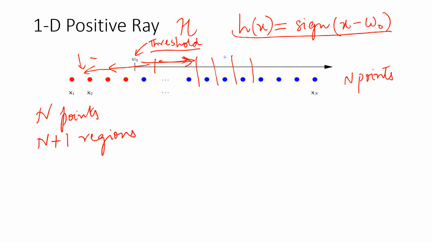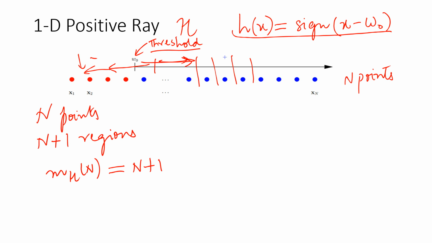So there are n+1 regions where I can place my w0. Therefore, the number of dichotomies that can be implemented, which is all I care about, m sub H of n, equals n+1. n could be any positive number, right?